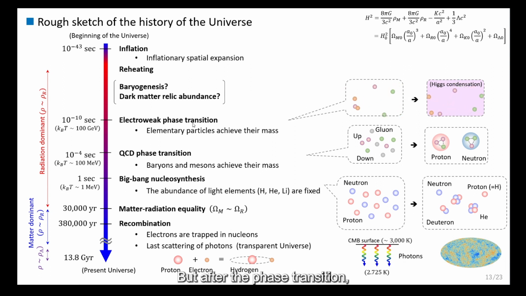But after the phase transition, the Higgs background field condenses. Then all the particles feel the force from this Higgs background, some friction from the Higgs. Then it looks like the particles achieved some mass. So this is the origin of why all the particles have mass.